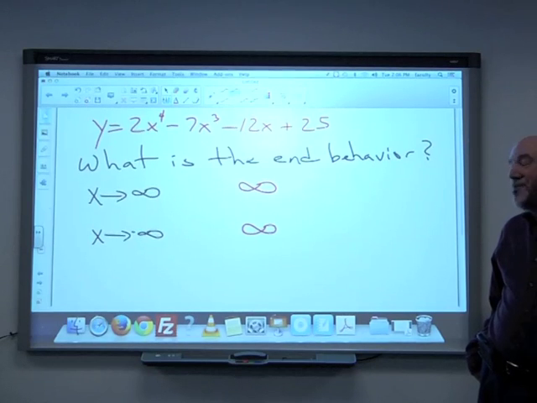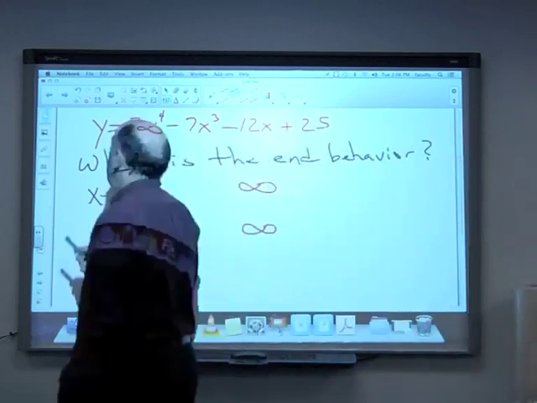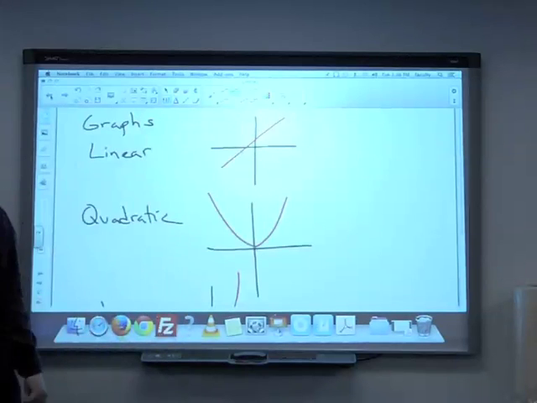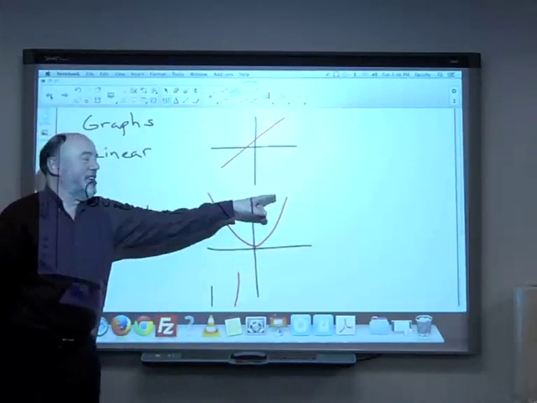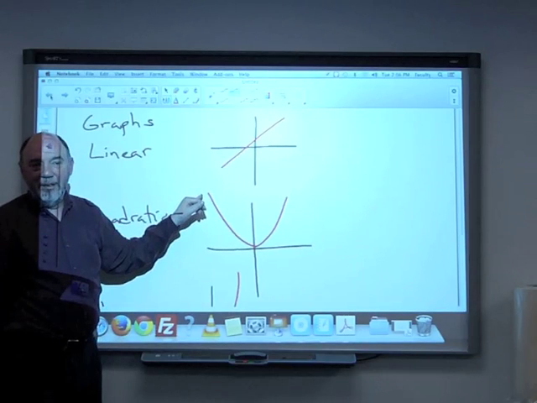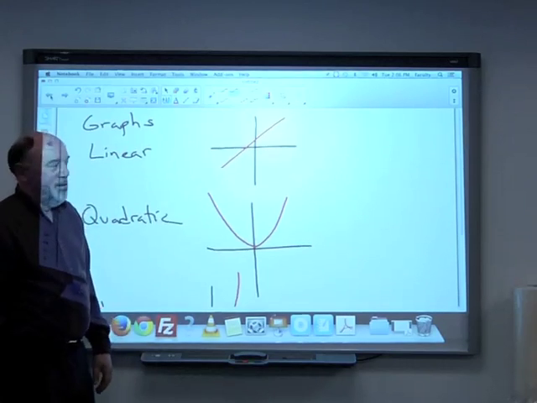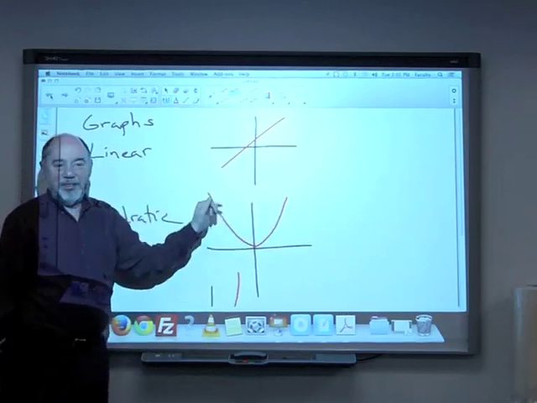And again, that matches basically what we said on my graph over here, because for quadratics and any variation thereof, the ends are going to be the same sign. So these two are going to match.